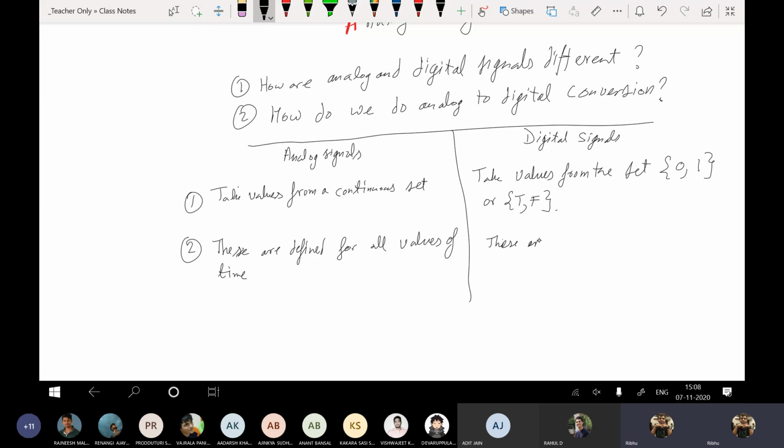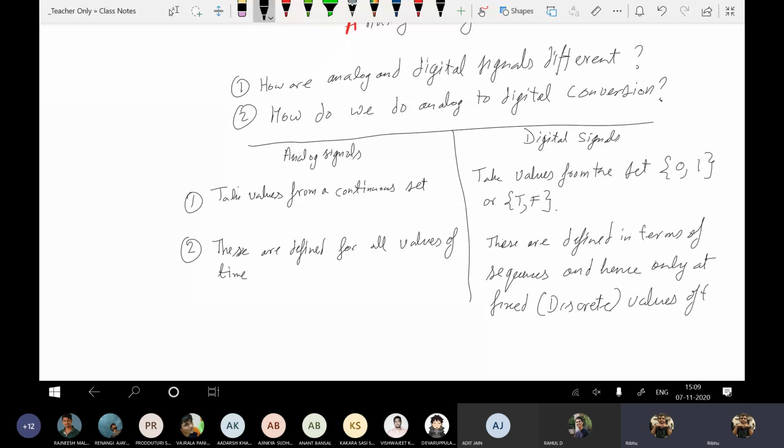Digital signals are defined in terms of sequences, and hence only at fixed discrete times.